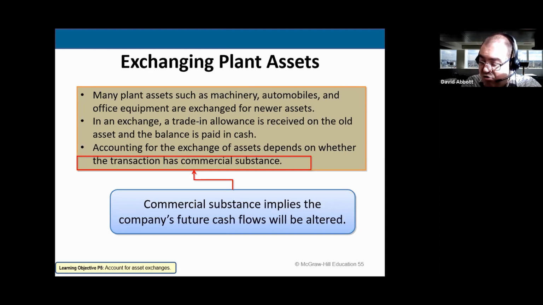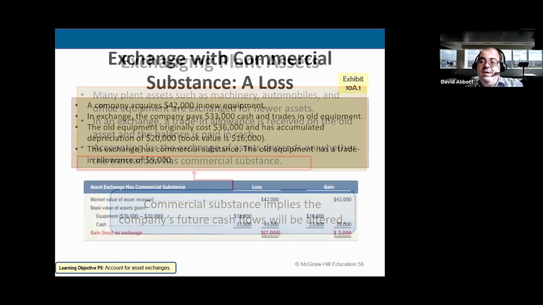An exchange has commercial substance if the company's future cash flows change as a result of the exchange of one asset for another asset. In an asset exchange, if it has commercial substance, a gain or loss is recorded based on the difference between the book value of the asset given up and the market value of the asset received.